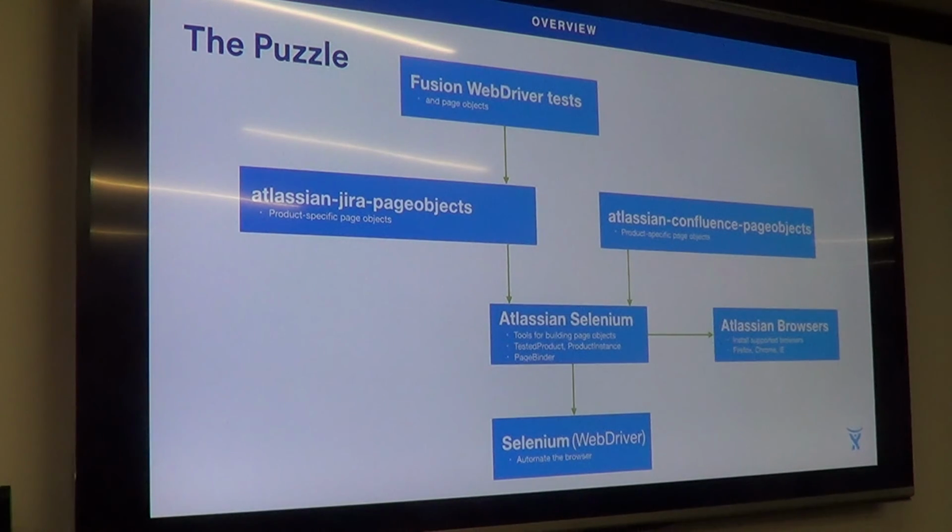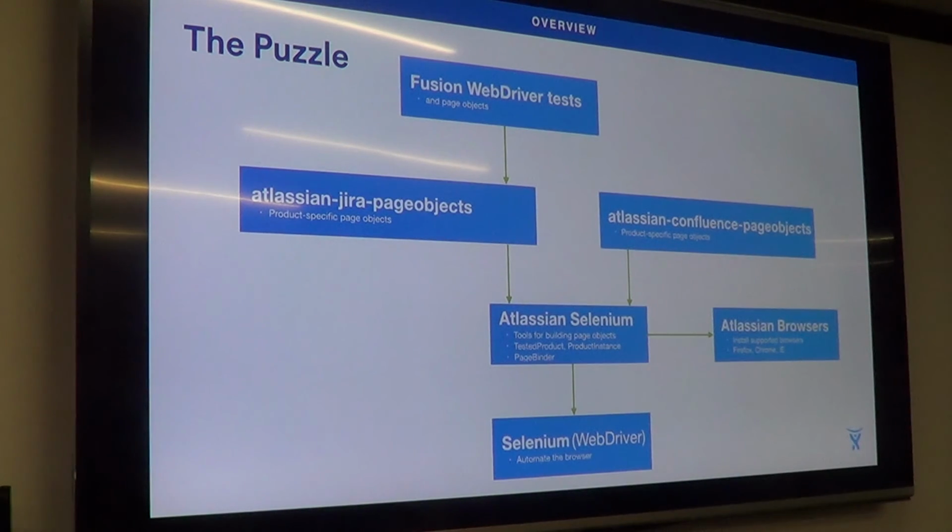So Selenium is the lowest level, the browser automation API, with very low level APIs to interact with browsers. For example, going to a web page and then finding some elements on the page and then clicking them or doing whatever you need to do with them.